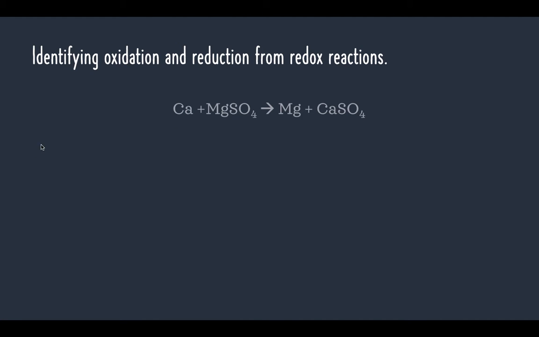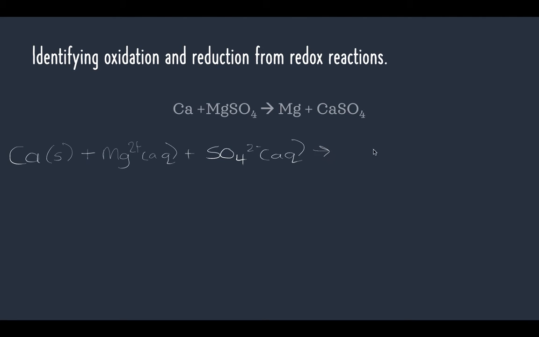The calcium we have here is just calcium metal, so it's just solid calcium. We have a solution of magnesium sulfate, which means I have Mg2+ ions alongside SO4 2- ions.